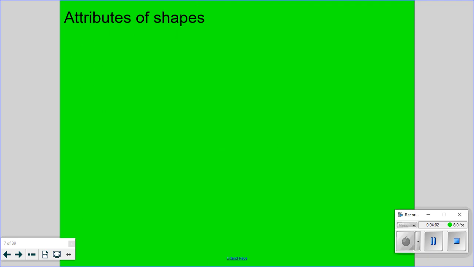Some attributes that we can look at, go ahead and write a little subtitle under that line, attributes of shapes. Some of the things that we can look at, which we already did, we can look at the number of sides and corners.